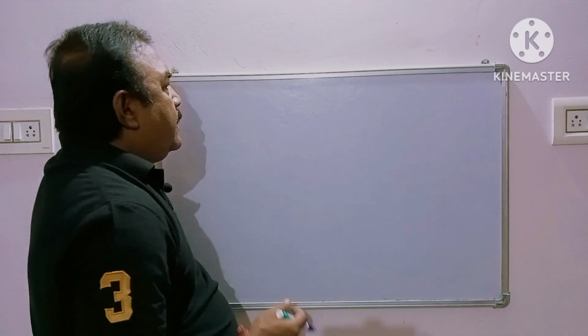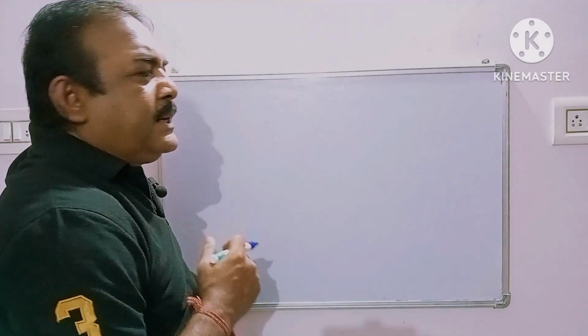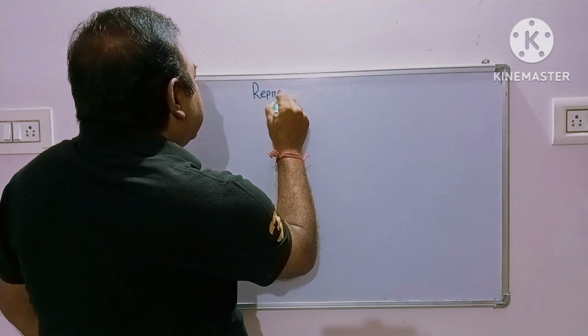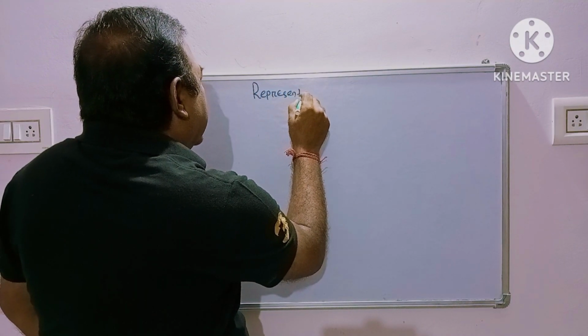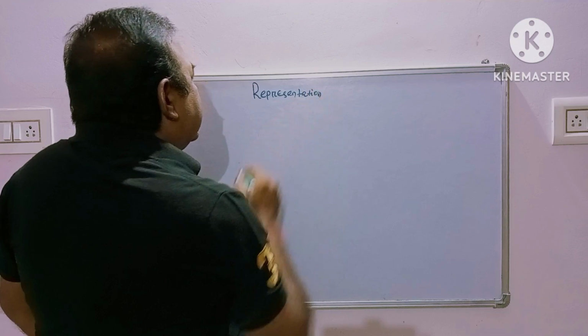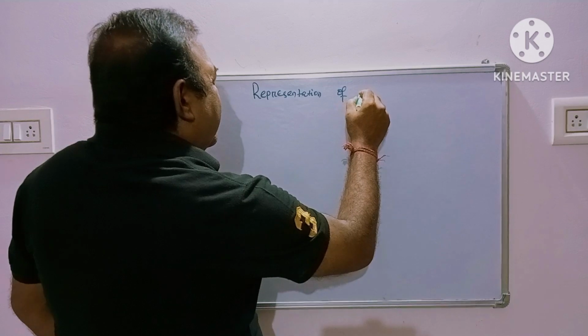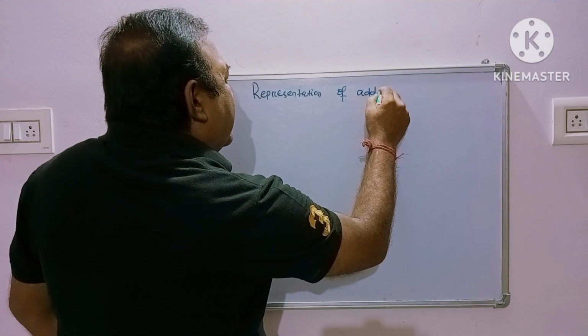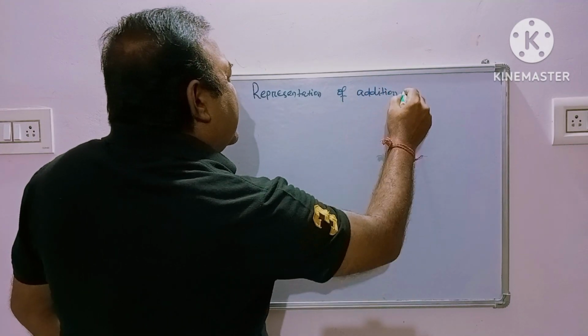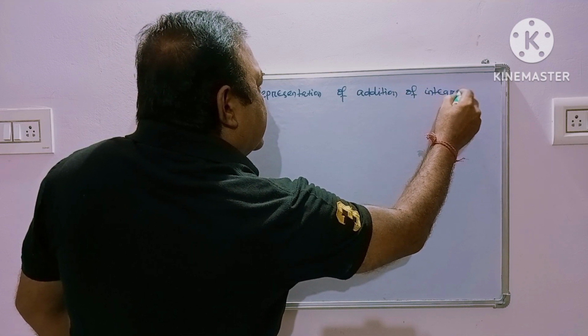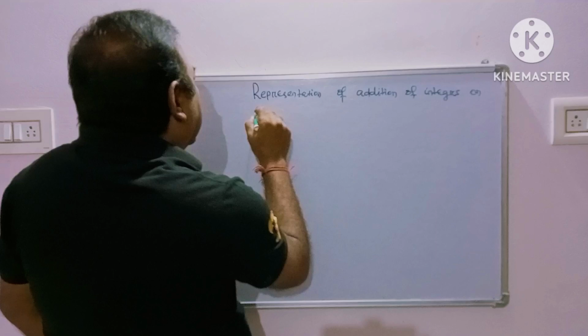So now we will represent the representation of addition of integers on the number line.